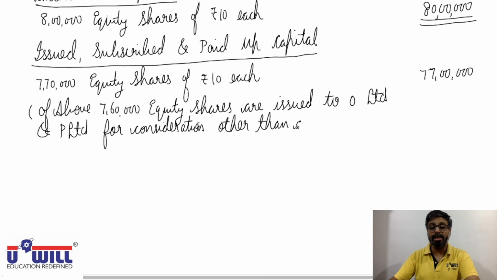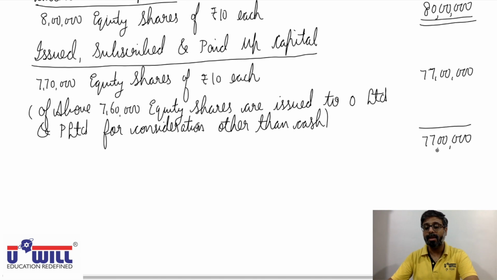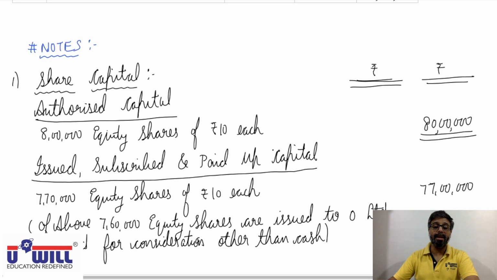This disclosure is compulsory as per the Companies Act if there are bonus shares or shares issued for consideration other than cash. Okay, I repeat it again.